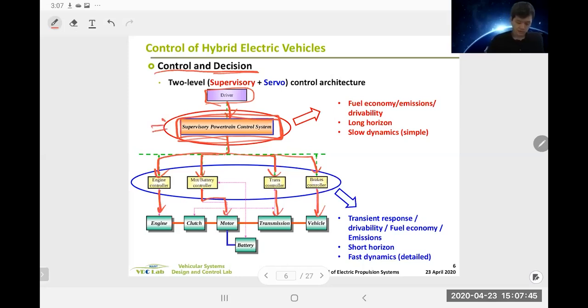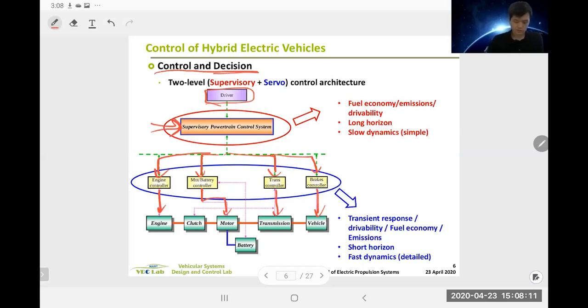This high-level controller has to supervise everything and coordinate all the low-level components. So this guy needs to be smart.